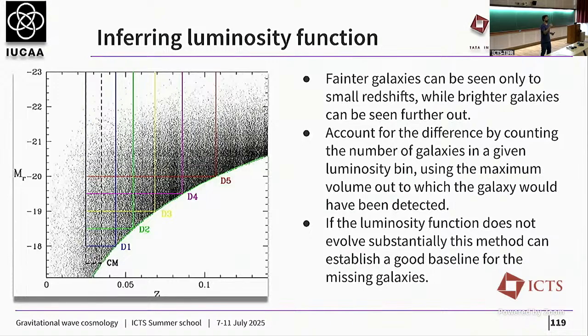Now, how do you estimate the number density? Let's suppose you even know the cosmology. Okay. So how will you estimate the number density? It's basically number divided by volume, right? So in principle, you can count the number of galaxies within a certain luminosity bin and divide by the volume. What's the volume that you should use?